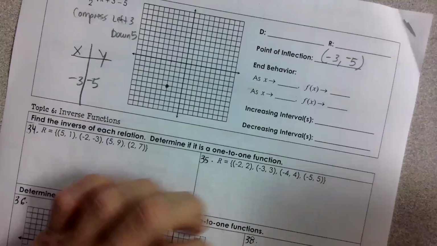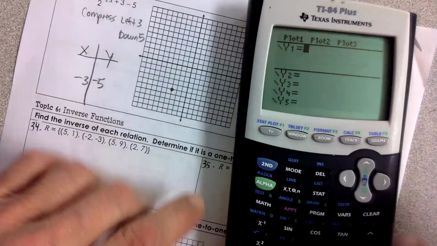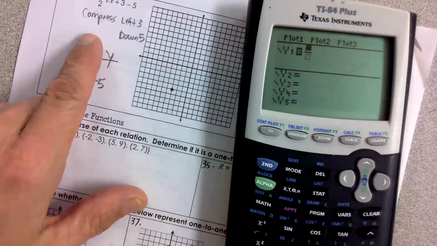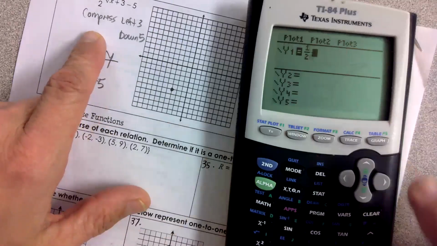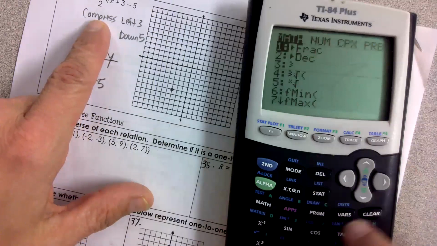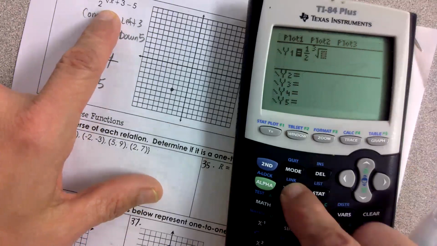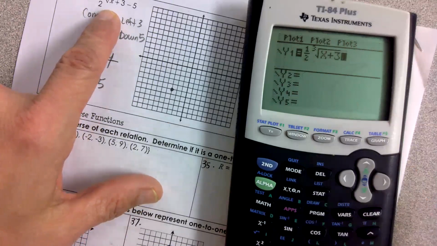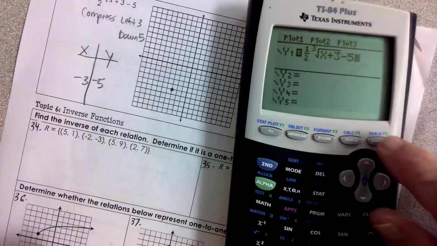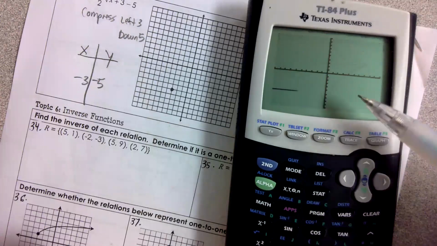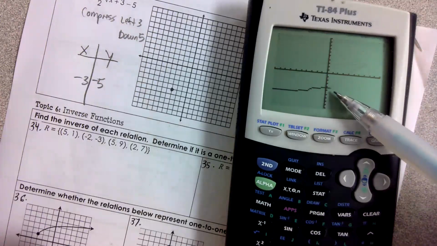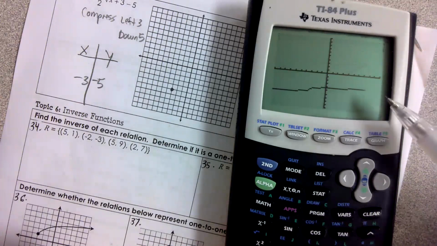Okay. And then I'm going to put this in the calculator. We got 1/2 cube root. Remember, that's math number 4. Cube root of x plus 3. Come outside, subtract 5. Okay, so see, it's really flat. It's almost a straight line, but it's not.